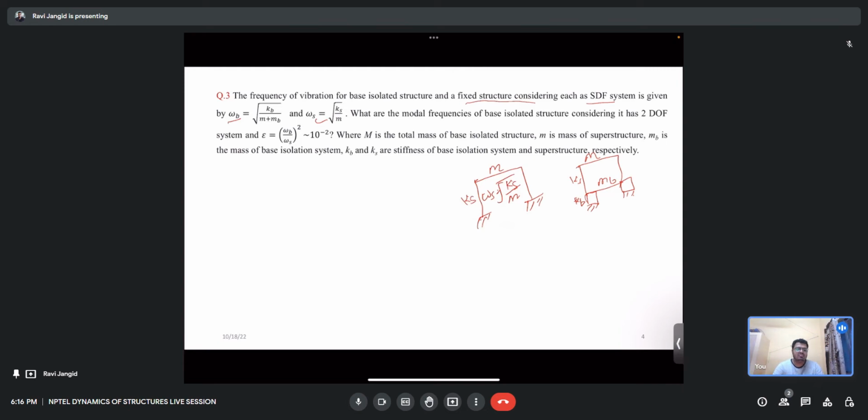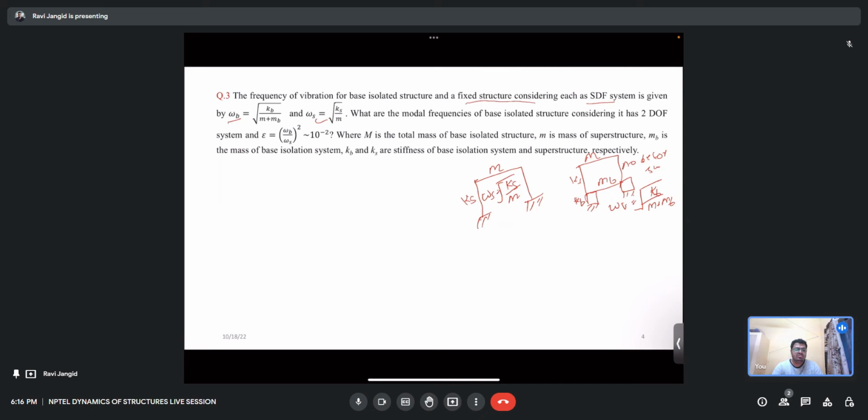So we are ignoring the deformation in the superstructure, no deformation in the superstructure. So our omega b would be the square root of Kb divided by the total mass m plus mb. Okay, so these two frequencies are given to us.